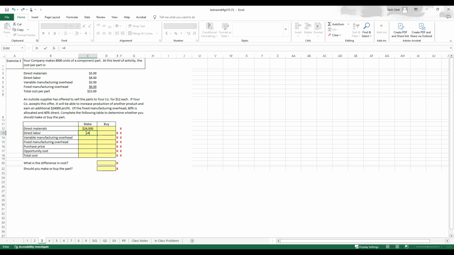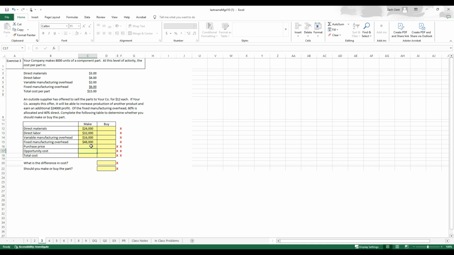It costs us $4 in labor per part, again times 8,000. The variable manufacturing overhead is $2 per unit. Our fixed manufacturing overhead is $6 per unit.